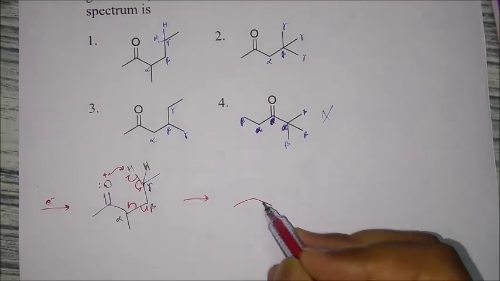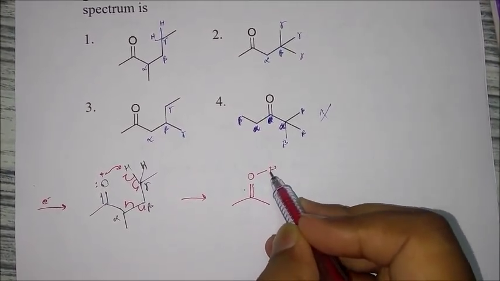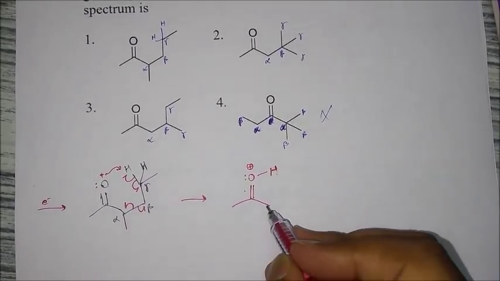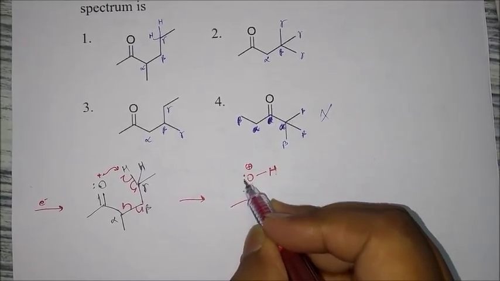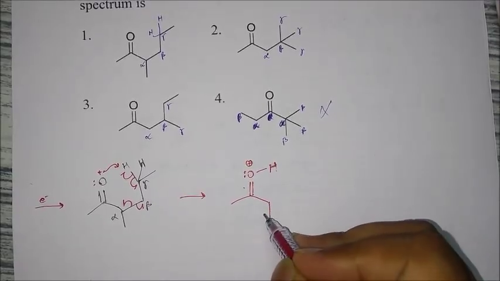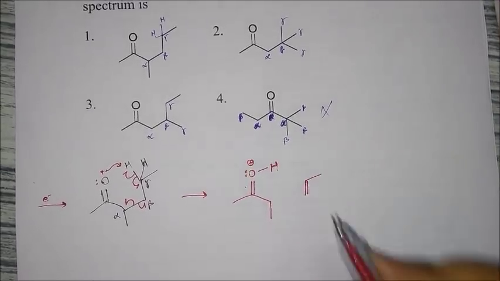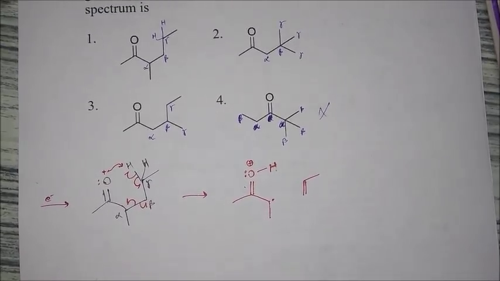You will get something like this: double bond O, then H plus charge. These are the lone pairs of electrons, and here you have got a double bond. So you have got one fragment here and one fragment like this.